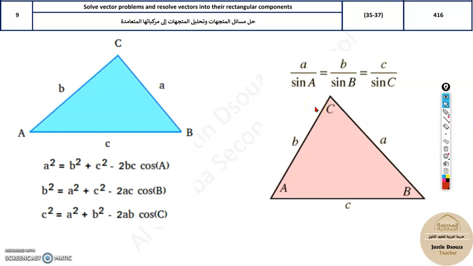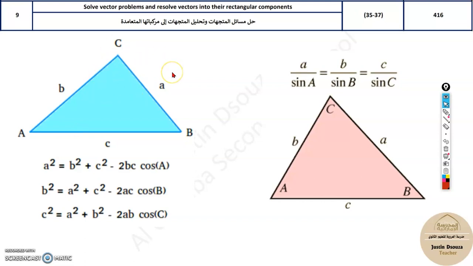In this topic, we will solve real-world problems on vectors. But before we solve them, we need to know a few of the laws of sines and cosines. Law of cosines is very useful for a triangle which is not a right angle triangle. If it's a right angle triangle, you can use sine theta, cos theta, or the Pythagoras theorem.